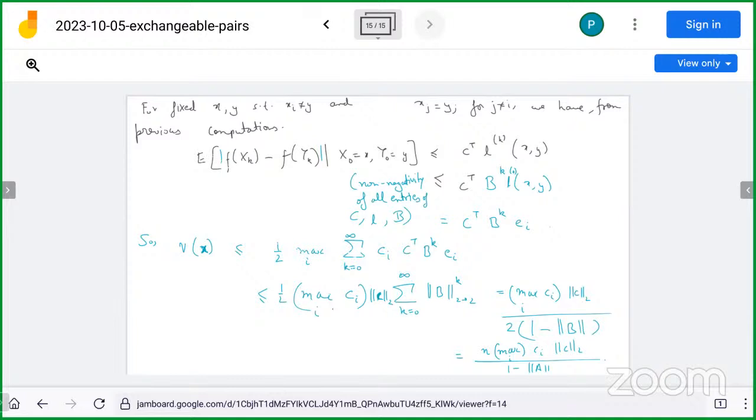Yeah, okay, just one second. I might have just misapplied some inequality. Let me check this. There might be some factors I have bundled up somewhere.